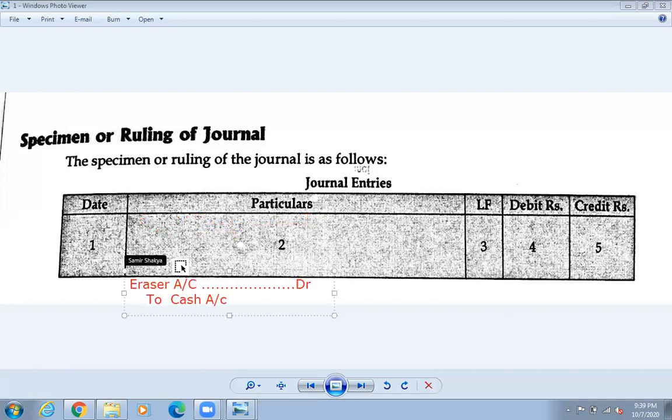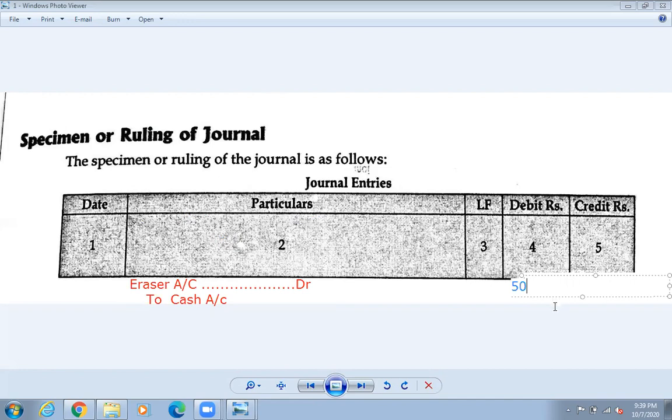Okay, I have written this on this side so that it will be visible to you all. After that, how much have you bought? What is the price of the eraser? The price of the eraser is 50 rupees.